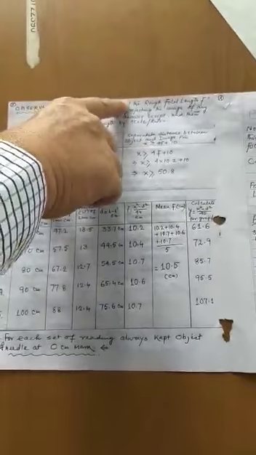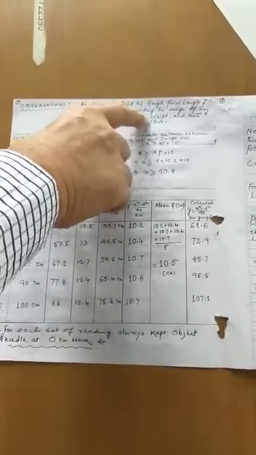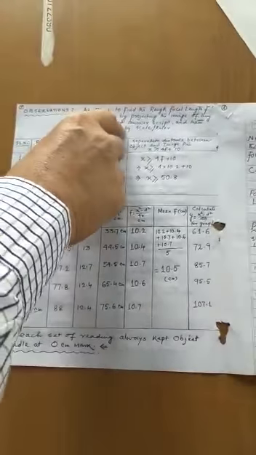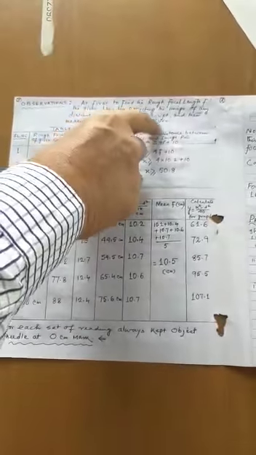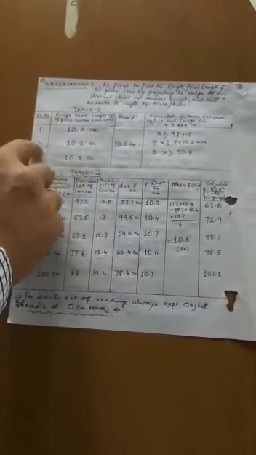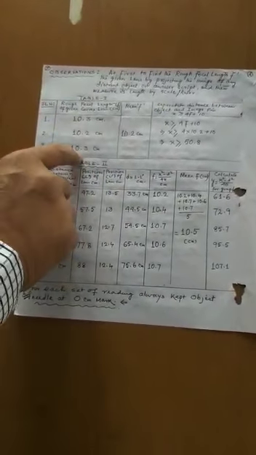So here you see, in the observation you write in such a manner: at first, find the rough focal length f of the given lens by projecting the image of a distant object on the answer script and then measure its length by the scale or the ruler. I find it is more or less 10.3, 10.2 and 10.3 centimeter in the three cases.